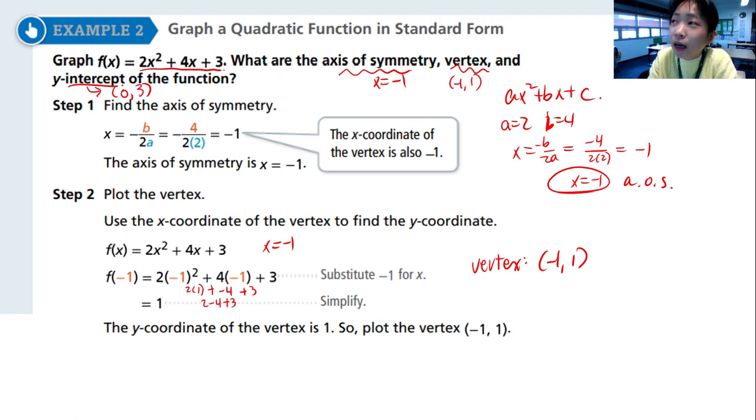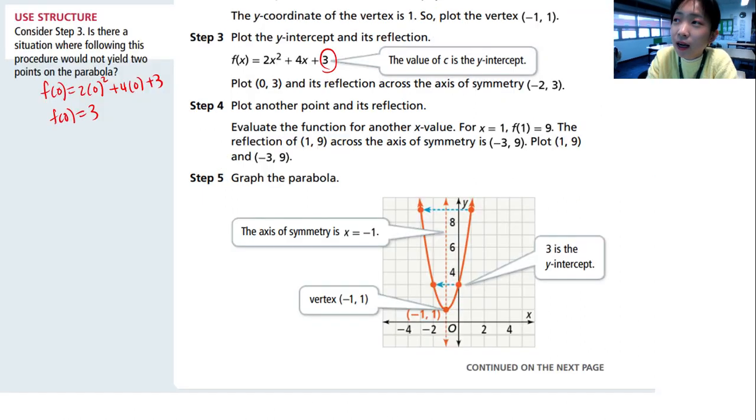Now we figured out all the information they wanted us to figure out, but we have to graph it. Don't forget to graph it. How do we graph it? We have all the important information, so just graph it. We have a point, 0, comma 3, and then the vertex, negative 1, comma 1.